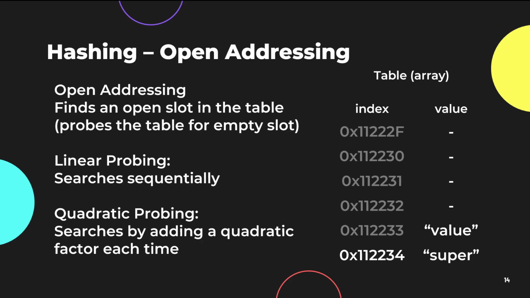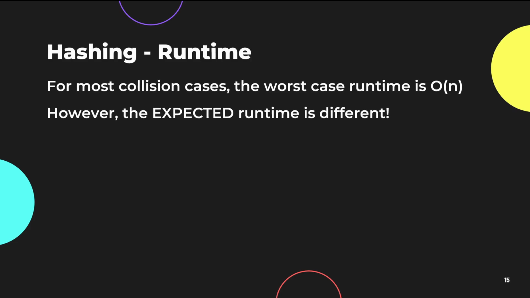Then when you want to find an open slot, you have to go one by one until you reach the top one. In this case, for hashing, for most collision cases, your worst case runtime is most likely O(n). Because there's a possibility that everything else is inside one bucket, or everything is close together. Once you probe, you will have a chance that you need to traverse through everything. So this is the worst case.